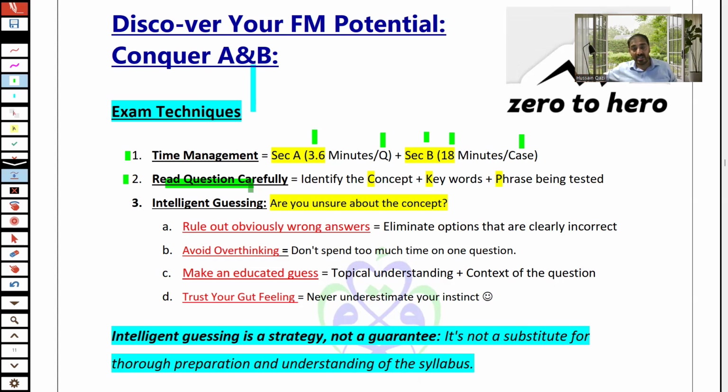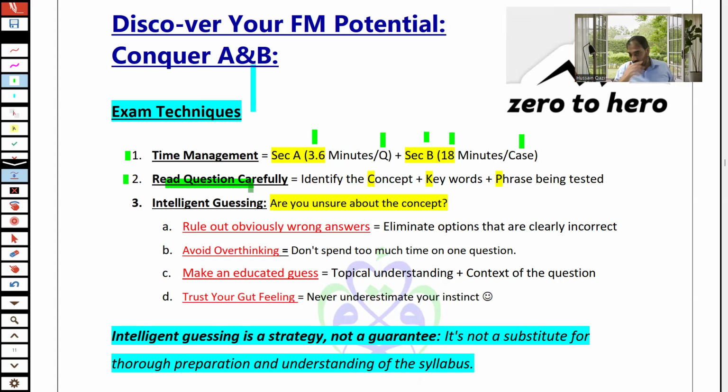And the third one is, out of 5, which 2 are correct? That is the phrase being tested. The examiner may also test which 2 of the below are incorrect. So you have to read the question very carefully to understand what concept the question is asking about: concepts, keywords, and the phrase. This is very important. So before the exam, practice by reading questions this way.